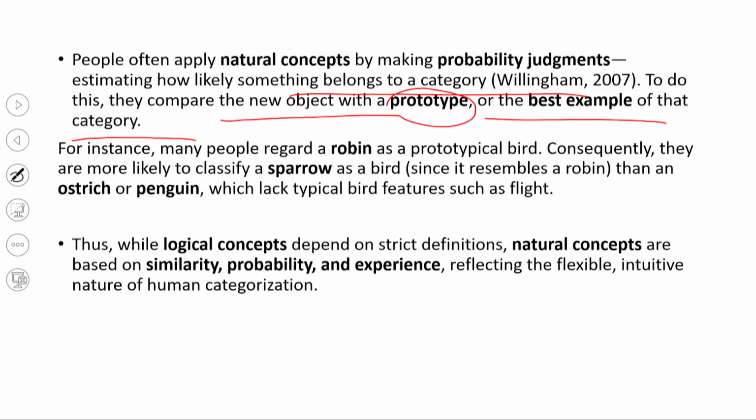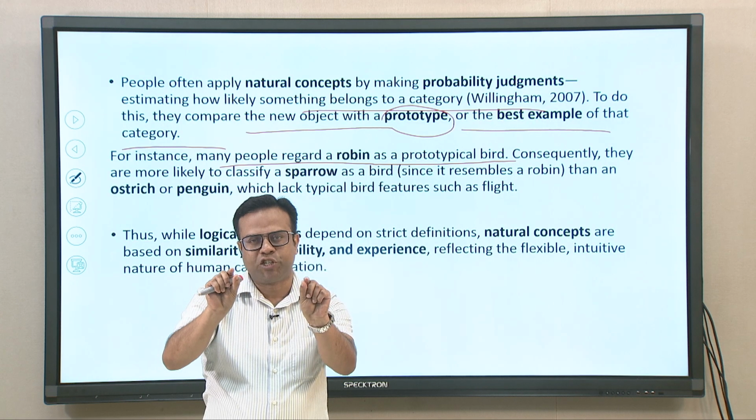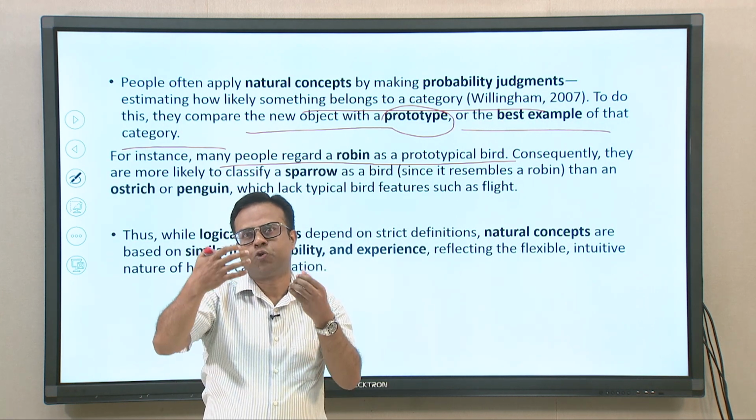For example, many people regard the robin as a prototypical bird. So, when we use the concept of bird, a few birds become prototypes, typical examples of how a bird should look. One example is the robin, a small bird. Whenever we hear the word bird, a lot of the time the prototype of the robin comes into our mind, that a bird should look like this.